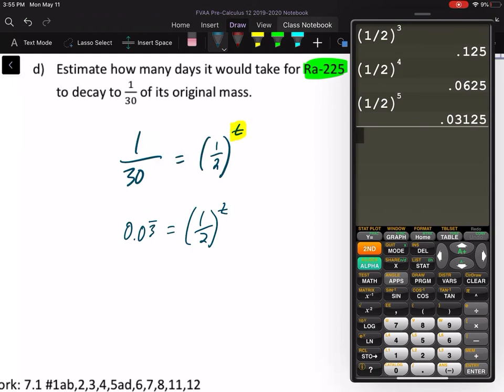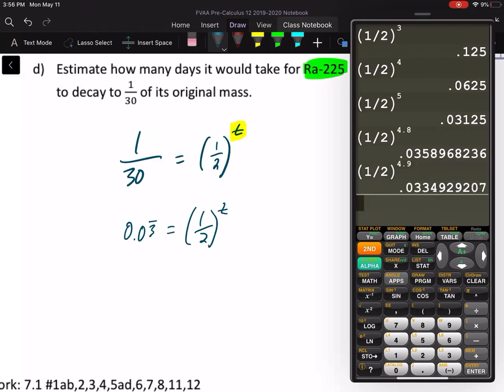So then you can imagine 1 divided by 2 to the 4.8. That's pretty close. 1 divided by 2 to the 4.9, that's pretty close too, and that's maybe as close as we can get here. So given the guess and check method, we'll use 4.9 half-lives.